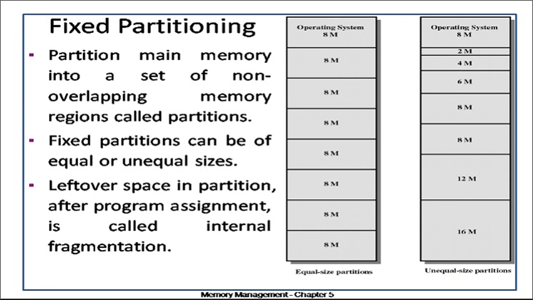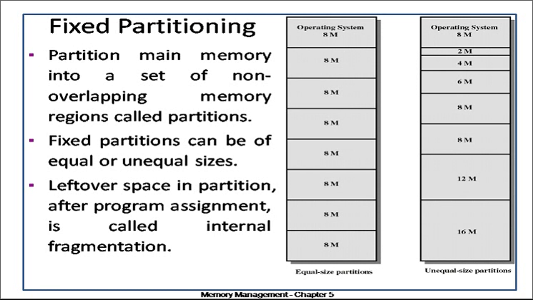In this multiple partitioning method, when a partition is free, a process is selected from the input queue and is loaded into the free partition. When the process terminates, the partition becomes available for another process. This method was originally used by the IBM OS/360 operating system. It is no longer in use.